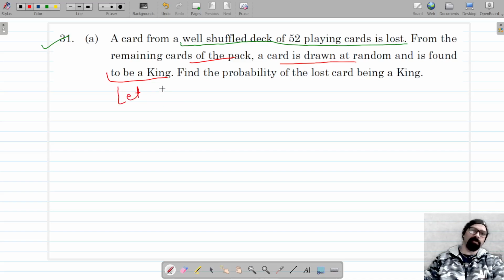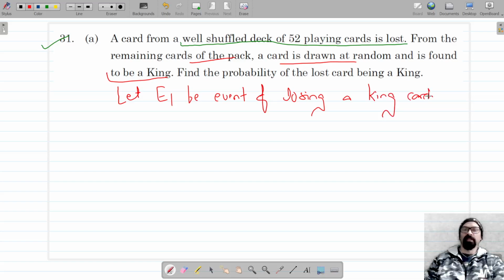So I'm going to specify these two as E1 and E2, so that E1 be the event of losing a king card. Now, if we have to lose a king card, it has to be drawn from the king cards, and we have a total of 4 king cards out of 52, which gives us the probability as 1 by 13.